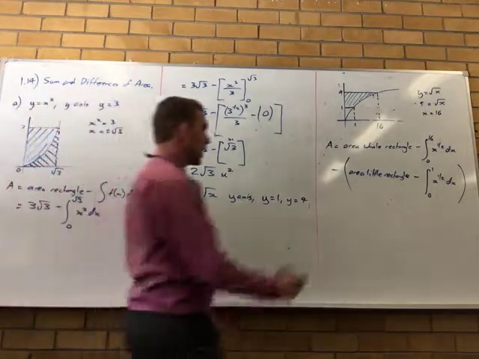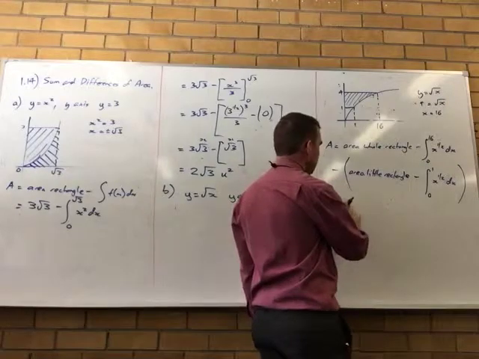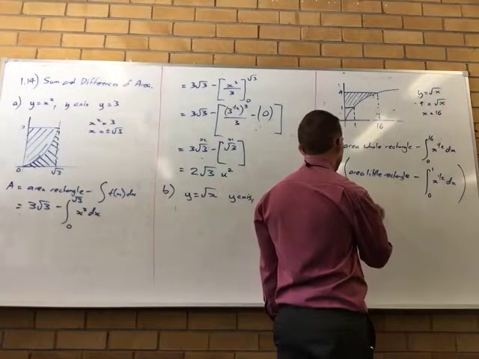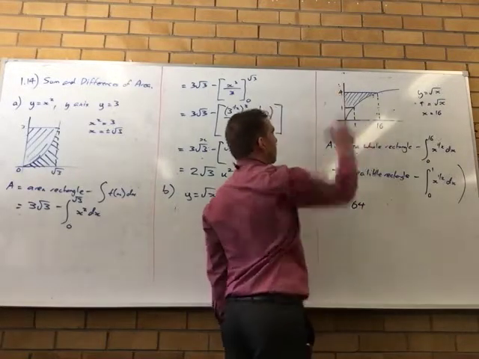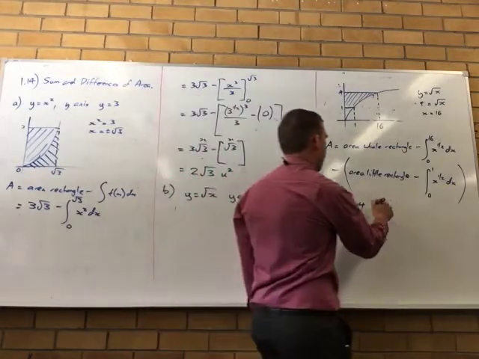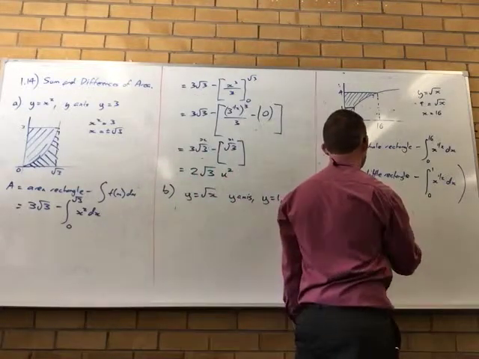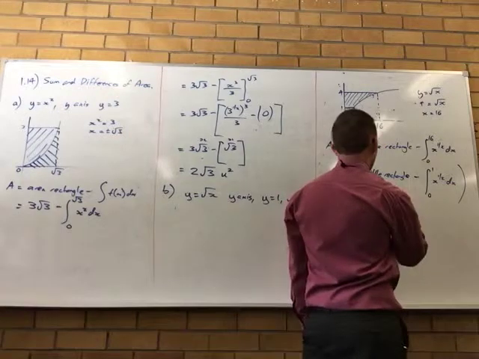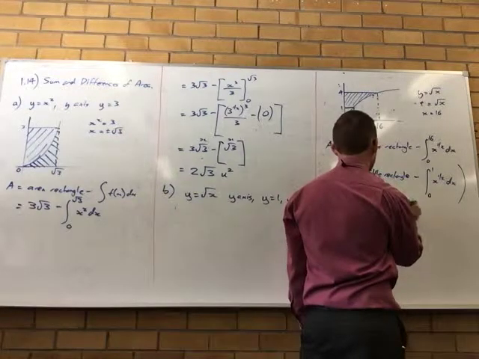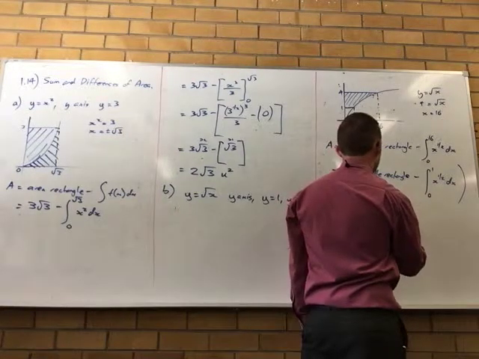Okay, so it's going to be 16 fours, so 4 cubed, this is 64. So 16 times 4 for that whole rectangle, minus the integral, sorry, already done it, minus 2x to the 3 over 2, over 3.